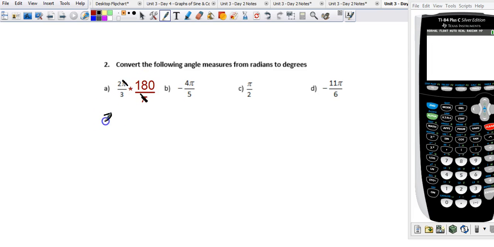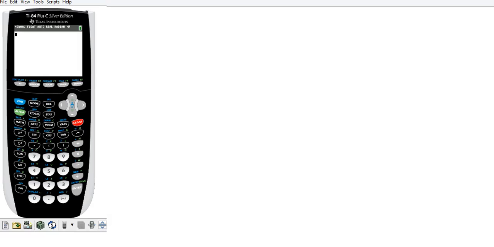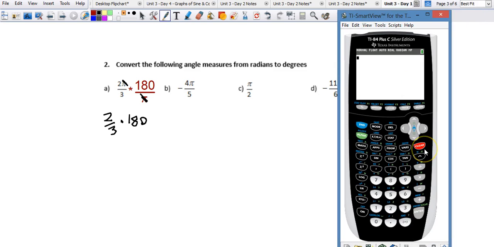You're basically going to go in your calculator. You're going to say 2, well, you can do the 180 last if you want, but it's 2/3 times 180. And we can go over here and figure that out. 2/3 times 180 is 120.